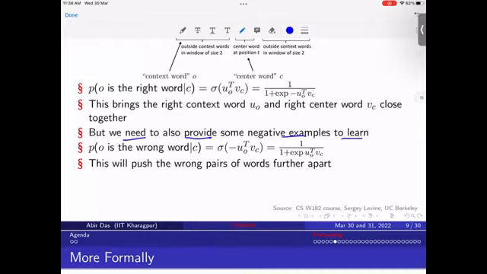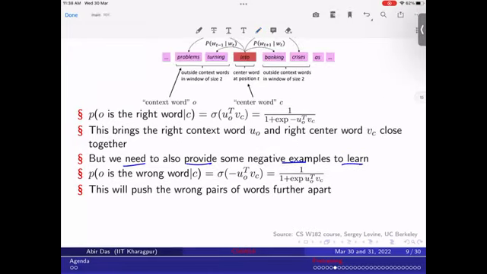What we will do is randomly sample some word which may not actually come from this sentence. So some random word will now be my O, and I will just tell the model that this is my wrong word.